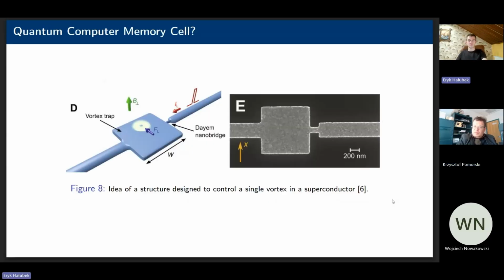So what these dime nanobridges, these nanothermometers, can be used for is to detect the vortex expulsion from such a structure. Superconductors have such a property that they don't want to be penetrated by a magnetic field.